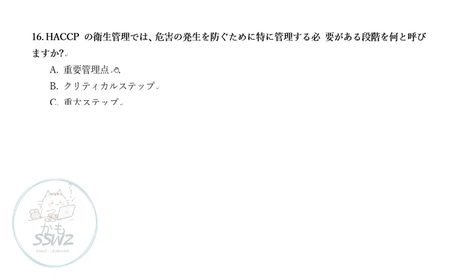In HACCP hygiene management, what is the name of the point you need to control to prevent hazards from occurring? A answer is critical control point. B is critical step.